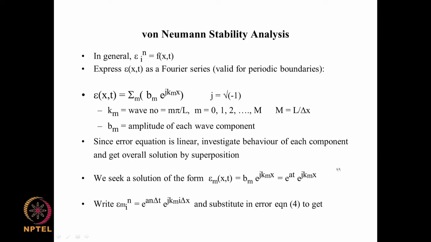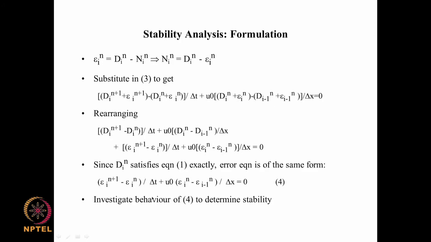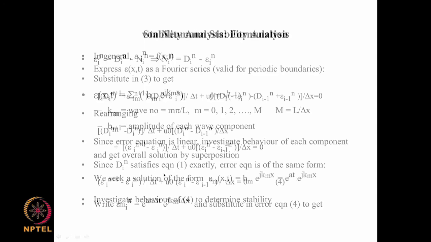So, wherever you have x, you substitute i delta x, wherever you have t, you substitute n delta t, and we substitute this in the error evaluation equation here. Let us see what we have.